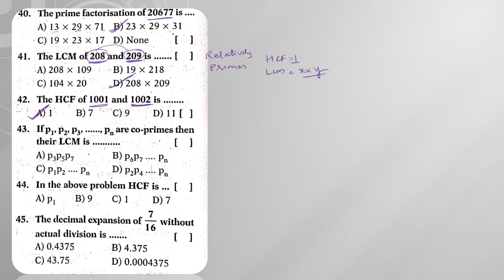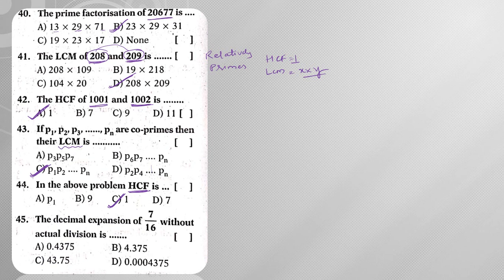Next, if P1, P2, P3, and so on, Pn are co-primes, co-primes means there is no common factor. Then what about their LCM? Since all are co-primes, the product of them will be the LCM of the given numbers, right? The same way, the HCF will be 1 as the previous one, right?